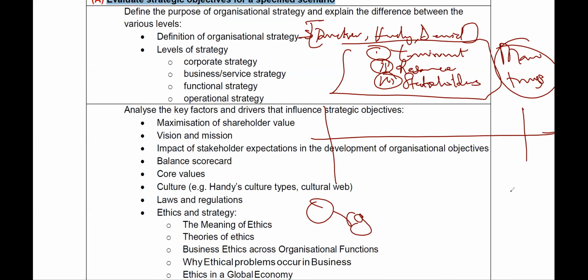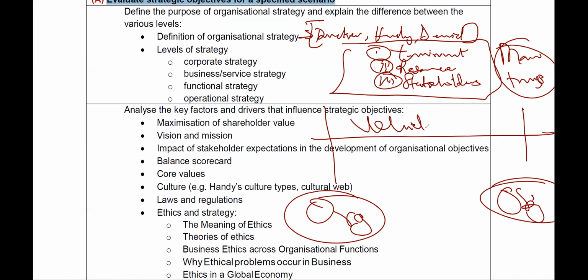And this is the organization's objectives. Remember, I need a vehicle to travel from here to there. The vehicle that helps me travel from where I am now to where I want to go is what we call strategy. We said a plan is what?